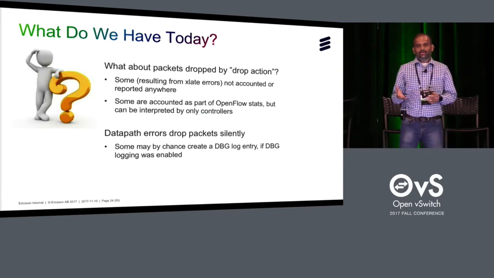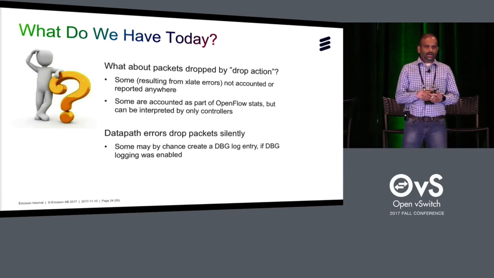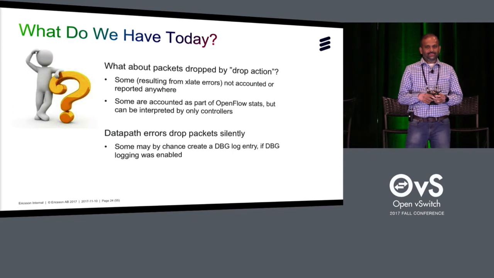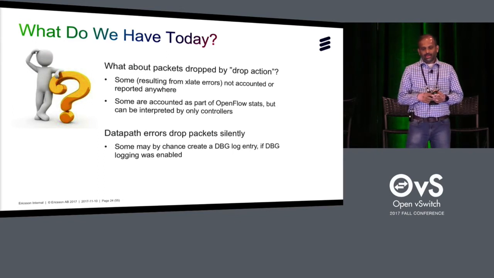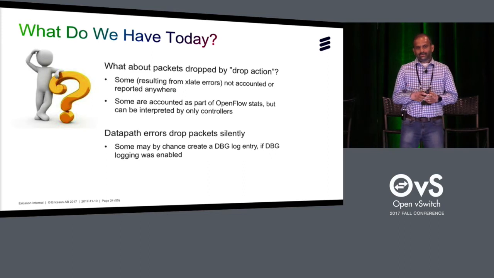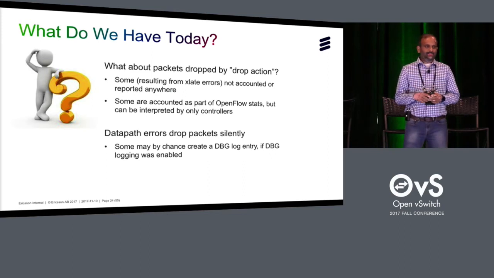And some drops by the drop action, which are explicitly configured through the OpenFlow pipeline, are reported as part of the OpenFlow stats, but that can be interpreted only by the controller. And any errors or exceptions during the data path processing will result in silent drops. And if you are lucky and you turn on the logs at the debug level, you might get some information about these errors.